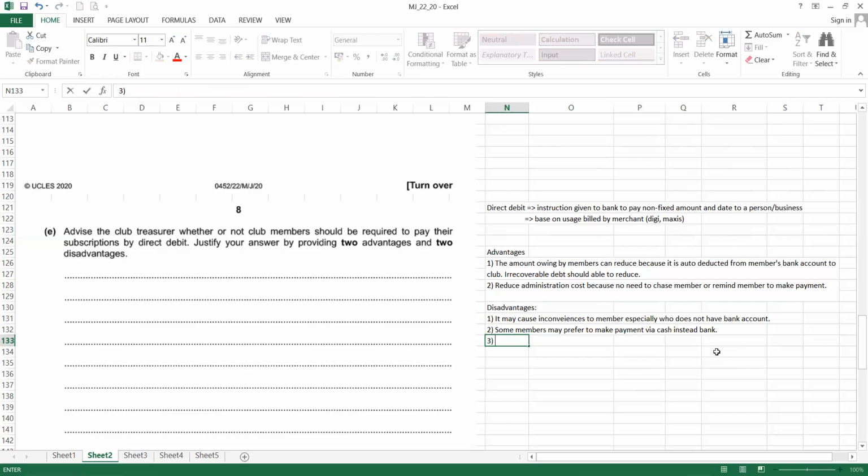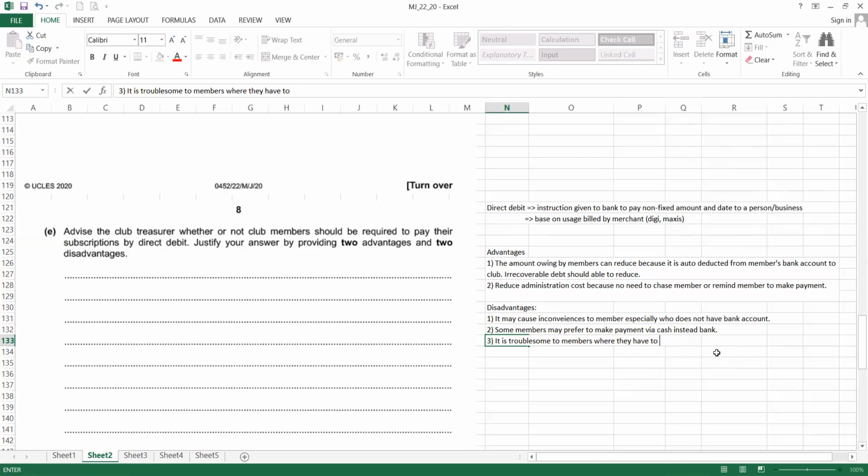Okay, another thing we can think of is that it is troublesome to members, where they have to inform, because normally in direct debit you need to fill up the form.